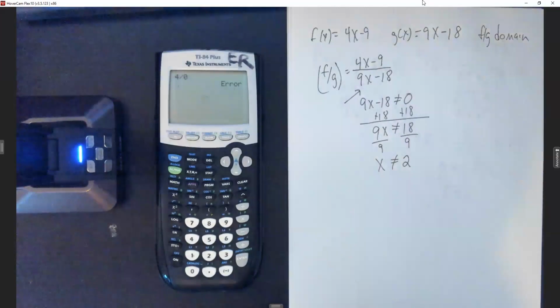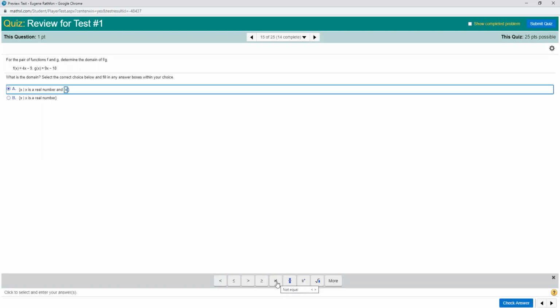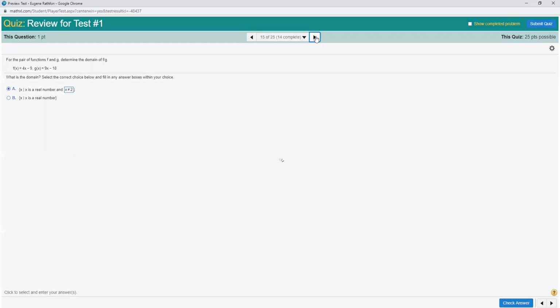Go back to the test, I guess, and put in the same thing on that. You just come in and say x cannot equal positive 2. So those 2 problems were pretty much the same. Didn't have to do a lot of work, just play with your domain, okay?